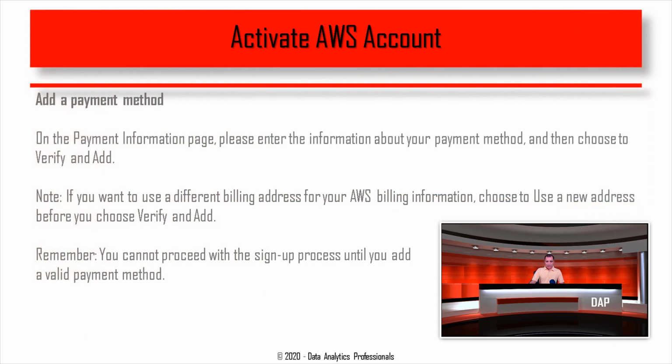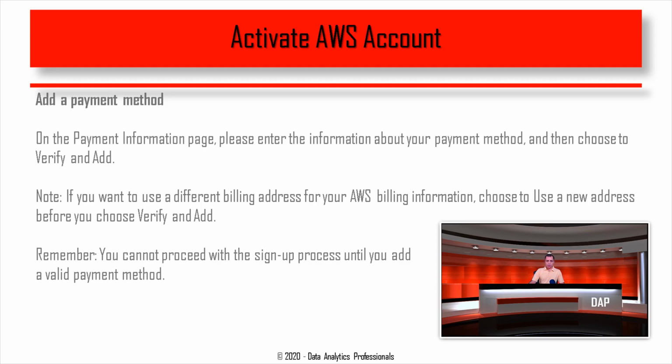Now, to activate your AWS account, what Amazon Web Services needs from your end is payment details. So you need to add a payment method, how you are going to pay for the services. So on the payment information page, please enter the information about your payment method and then choose verify and add.